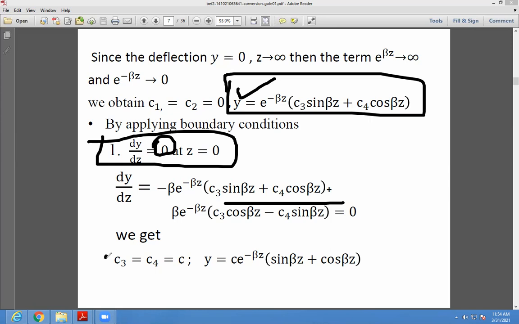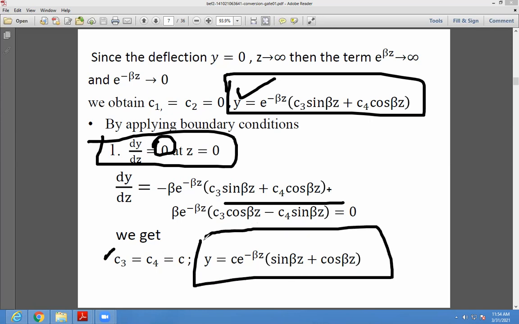So we get C3 equals C4 equals C. So we get the equation of deflection delta or y is equal to C into e raised to minus beta z, sin beta z plus cos beta z. This is for the first boundary condition.